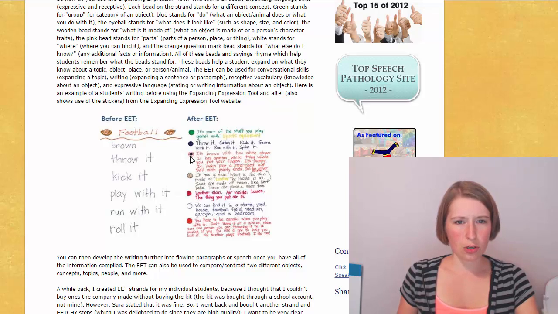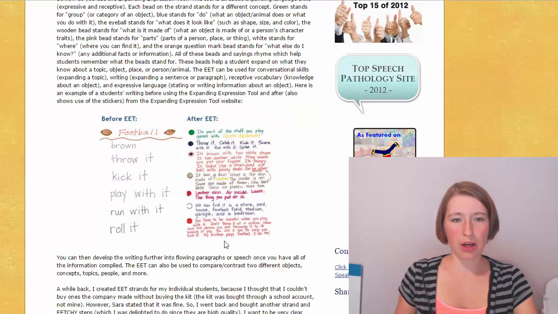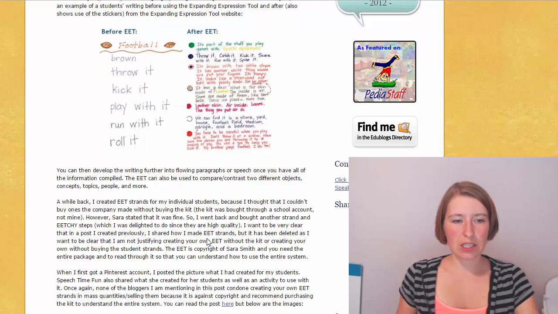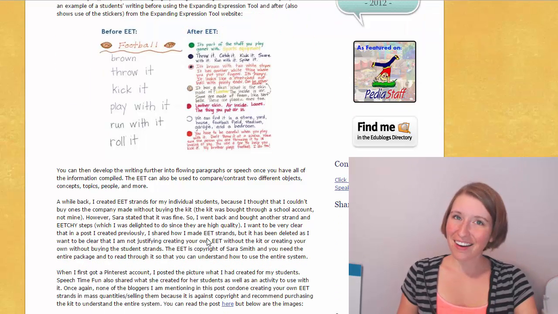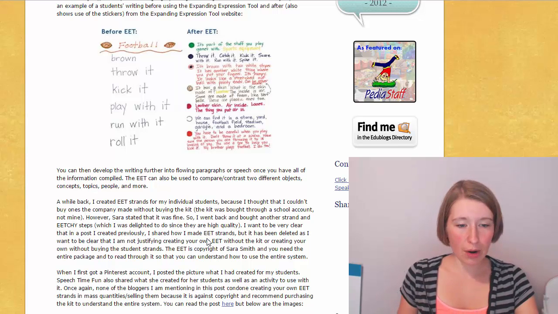Then there's one that's descriptor: it's brown with two white stripes. Oh, I think this is what it's made out of: leather, skin, air inside. So you can see there's a ton more information that the student was able to come up with when given these prompts, like, what do you do with it, what's it made of. It just helps expand expression. There's the name. It helps expand the child's ability to talk about something or write about something.